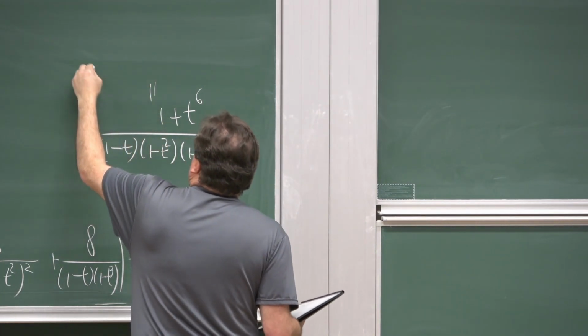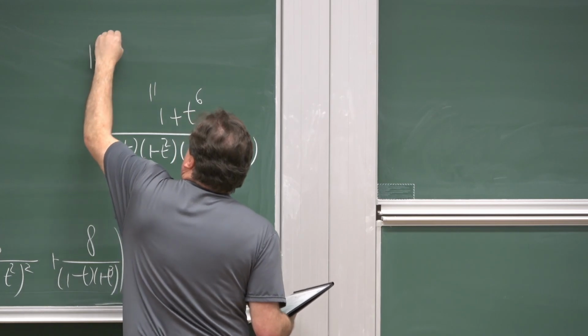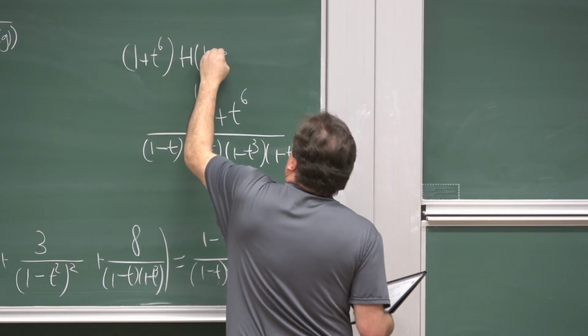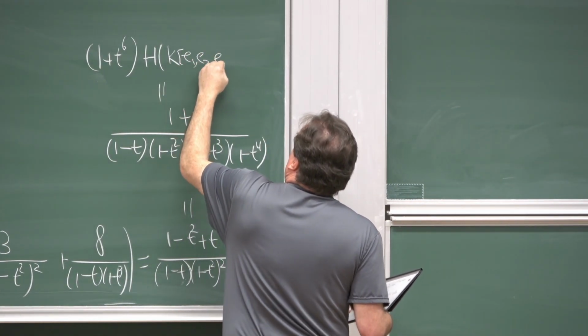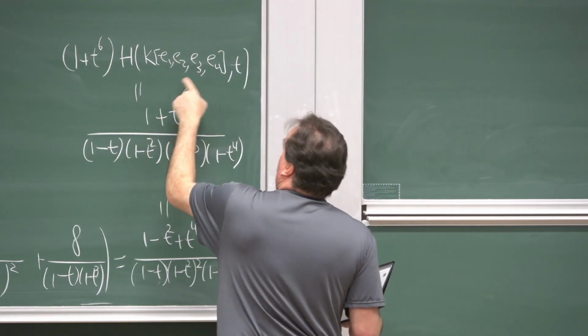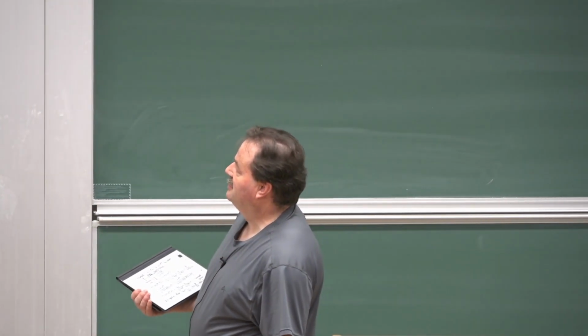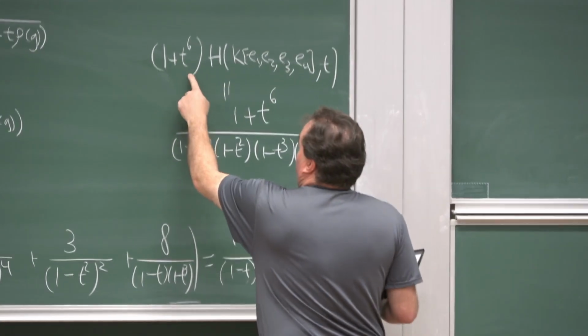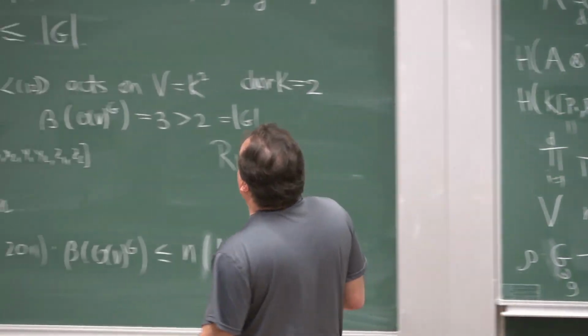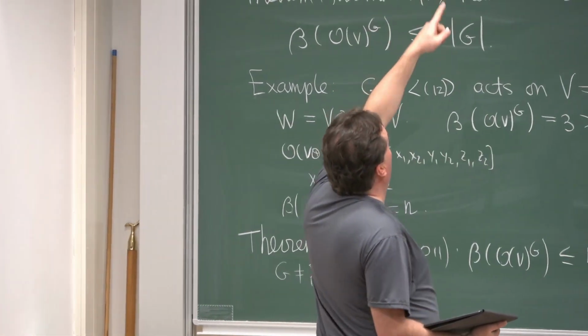And then this is really 1 plus t to the power 6 times the Hilbert series of the invariant ring for Sn, which is generated by the elementary symmetric functions. And so this 1 and 6 correspond to these module generators, 1 and delta.